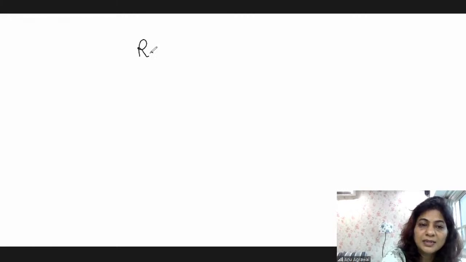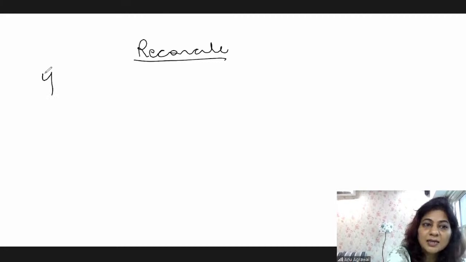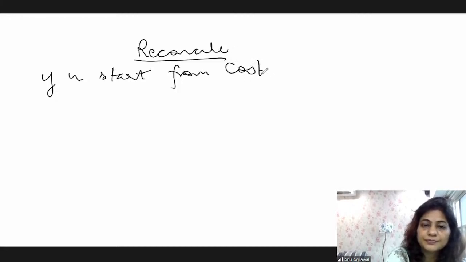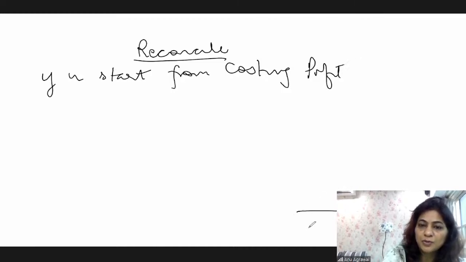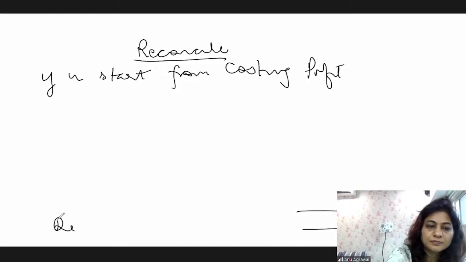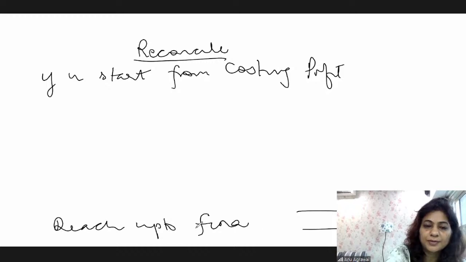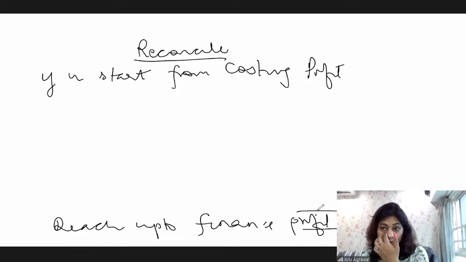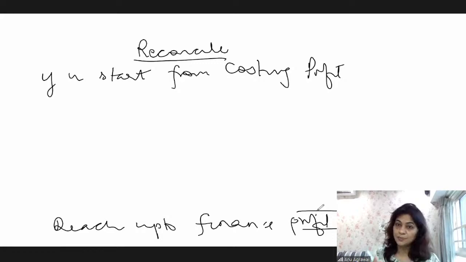The rule for reconciliation is that if you start from costing profits and you want to reach up to finance profit, the rule is that the finance profit should be constant.